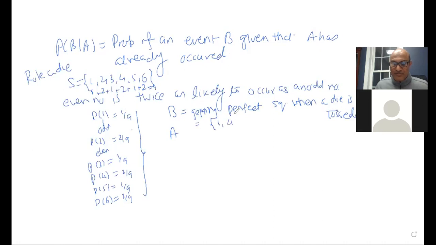That means, as I told you, this is 1 and 4, because 1 squared is 1 and 2 squared is 4. Otherwise, all the other numbers are outside the sample space, so they are not allowed. So 1 and 4.